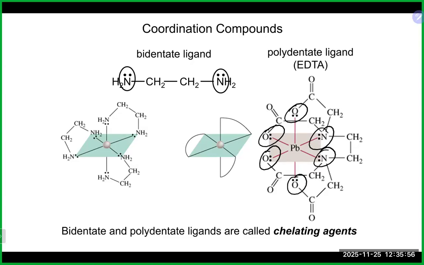These bidentate and polydentate ligands are sometimes referred to as chelating agents, which means that they can basically gobble up the metals and keep them surrounded. If you look at a lot of ingredient lists, you'll sometimes see EDTA mentioned, and it's used for that reason, to grab up a metal and keep it trapped.